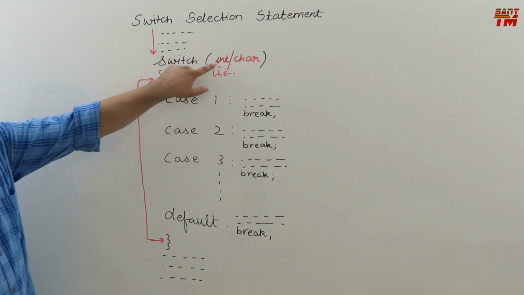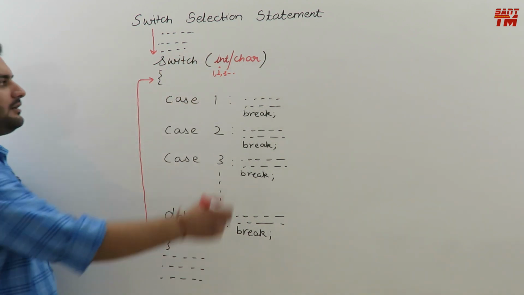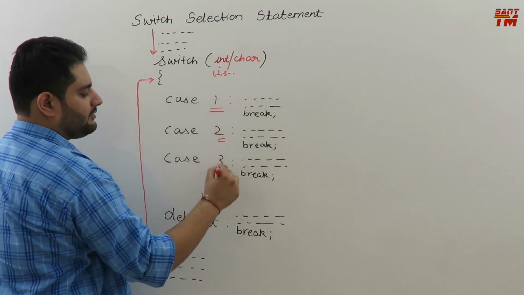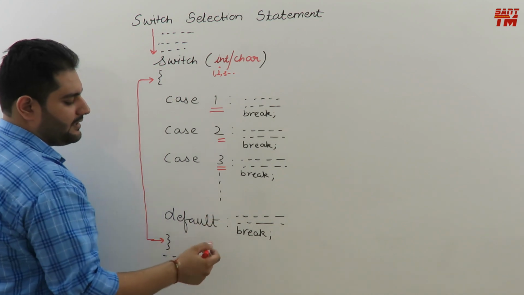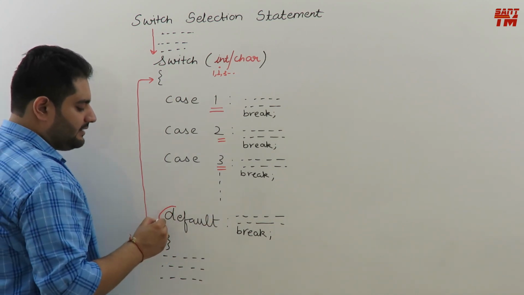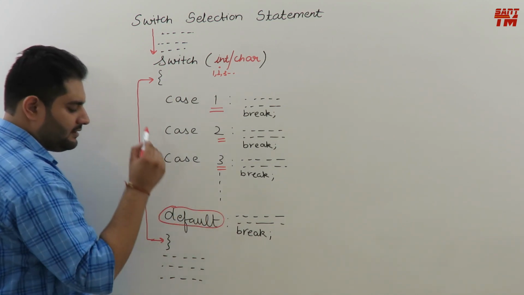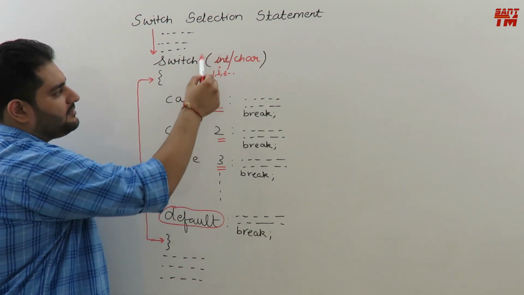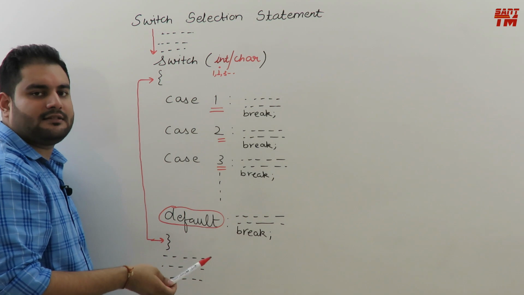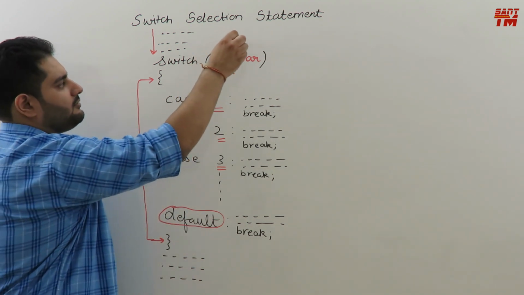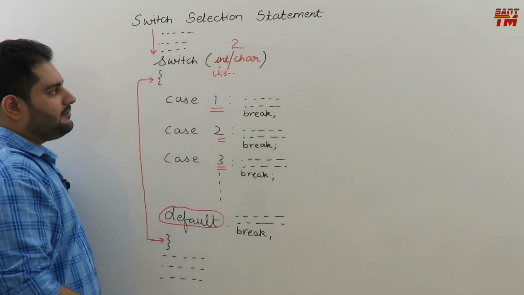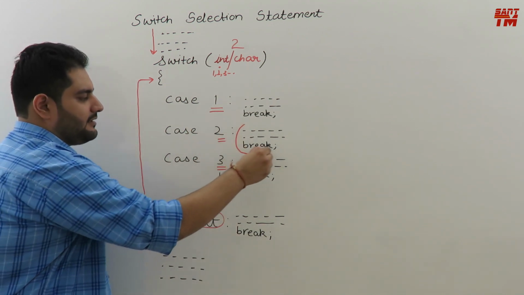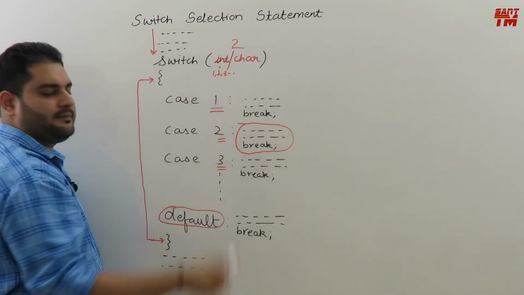Corresponding to that value there are case labels: case 1, case 2, case 3, case 4, case 5, and so on, and at the end there is a default case. If the switch in the parenthesis has an integer value, say 2, then case 2 will get matched and all the statements related to that case 2 will get executed.